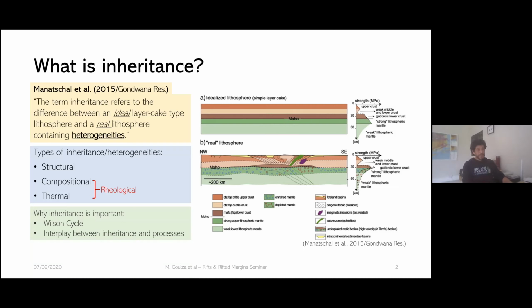So basically, inheritance from the previous orogenic life of the lithosphere can influence the processes by which that damaged lithosphere is stretched, thinned, and ultimately broken up.